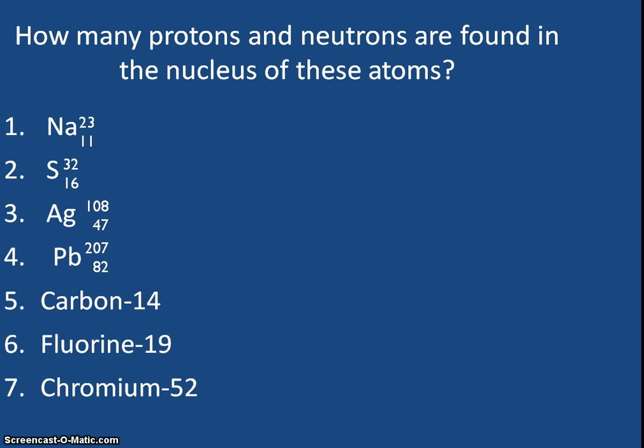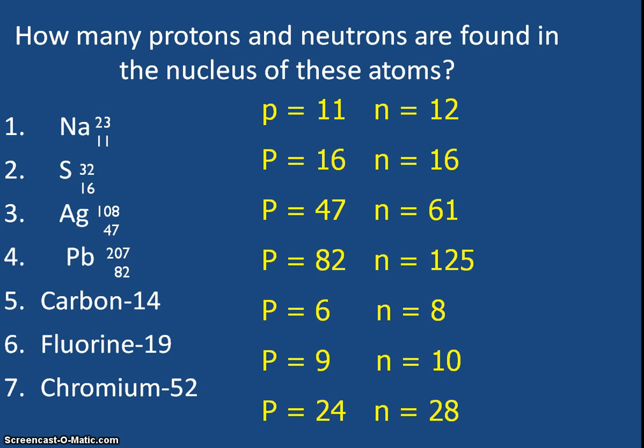So 9 protons and 10 neutrons. And for the last one, chromium has a mass of 52. And if you look at the periodic table, it has an atomic number of 24. Chromium's kind of in the center of the periodic table. 52 minus 24 gives you 28 neutrons.